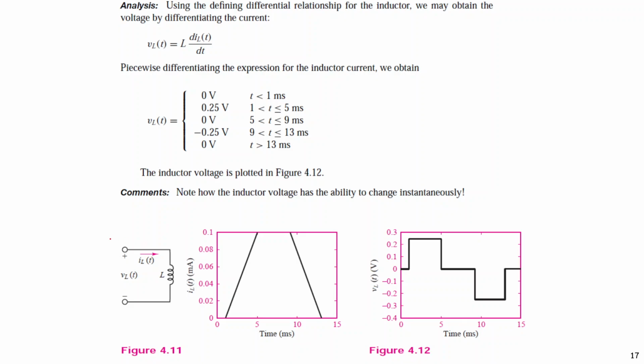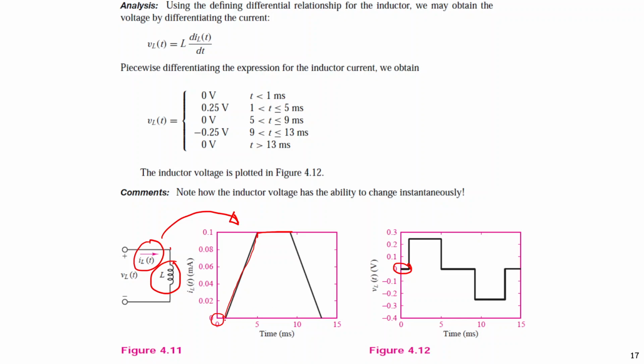If we supply current to the inductance by this function: first, no current. Then we start increasing the current with this slope, and then the current is constant. First, no current, no voltage. The voltage across the inductance will be zero.